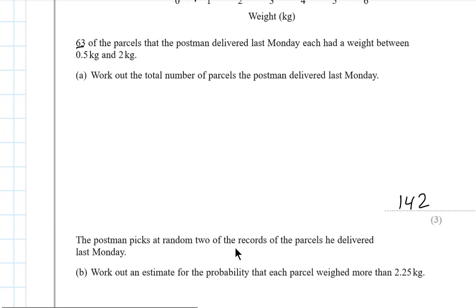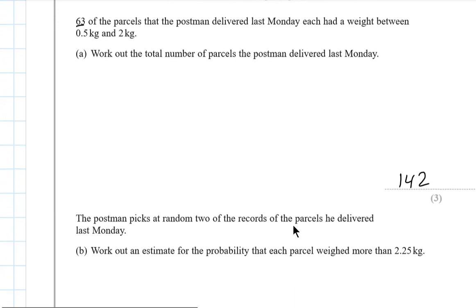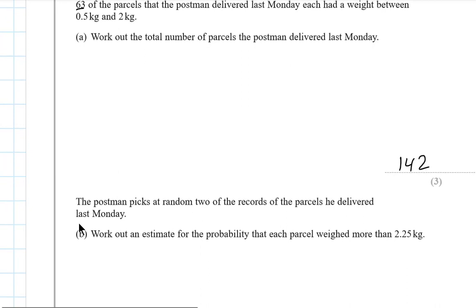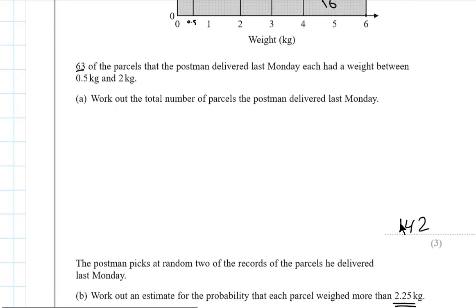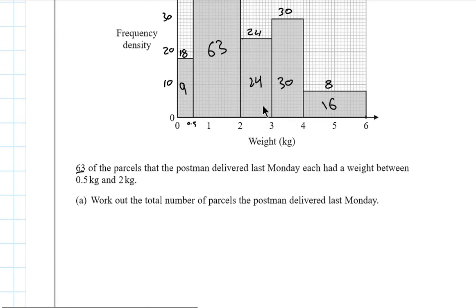The postman picks at random 2 of the records of the parcels he delivered last Monday. Work out an estimate for the probability that each parcel weighed more than 2.25. 2.25 would be here.